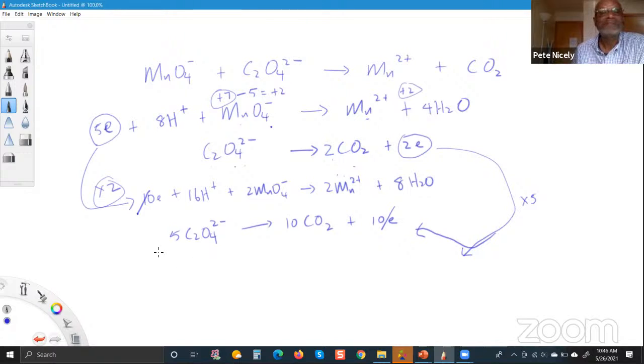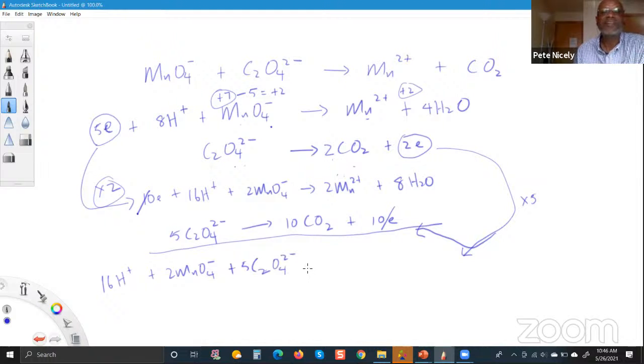And I don't think there's anything else to cancel out, so we can just write down what is left. So after adding these two equations, you're going to end up with 16 H plus, 2 MnO4 minus, plus 5 C2O4 2 minus.